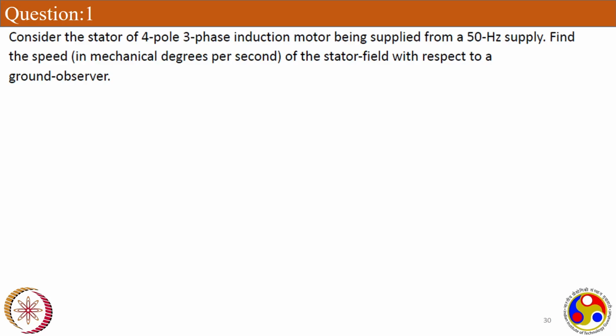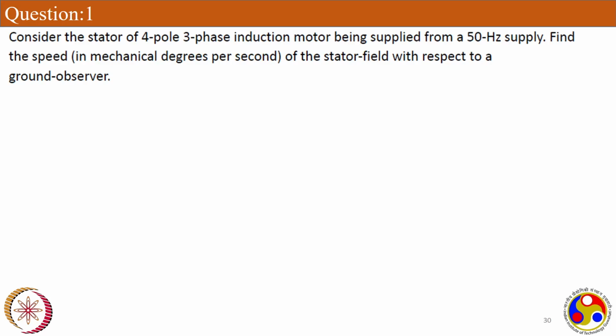If all the coil groups are connected in series, then the RMS value of the voltage, is that the question? Okay. So if all the coil groups are connected in series, we are asking for the RMS value of the total EMF generated.